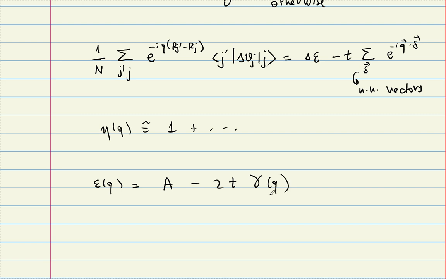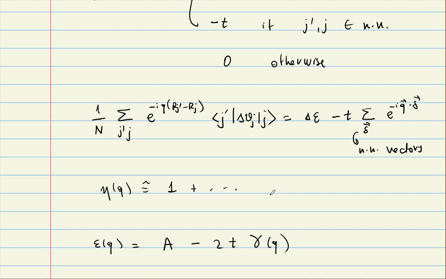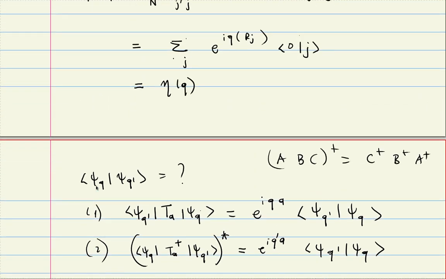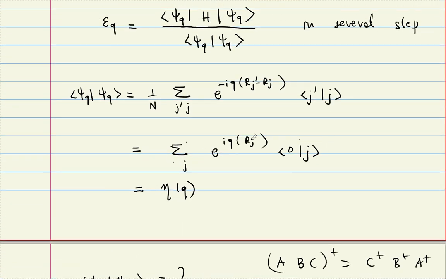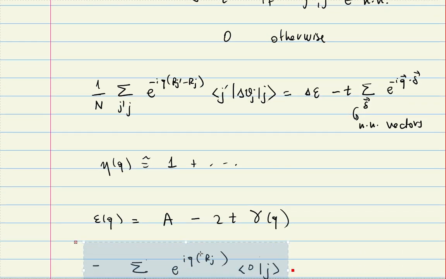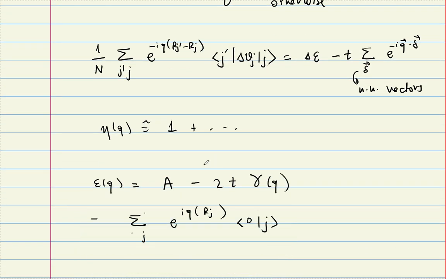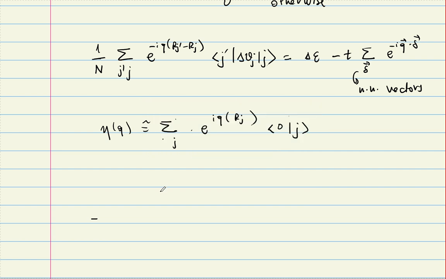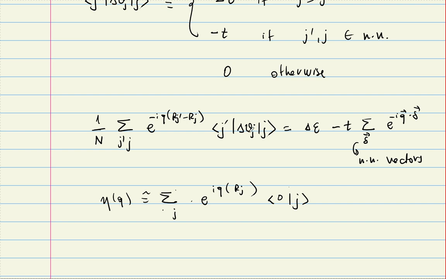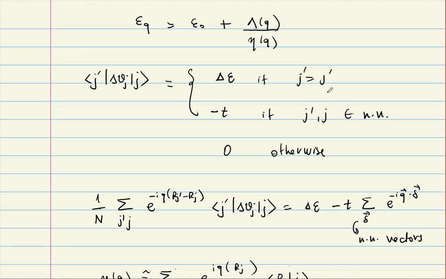Can you explain the justification for eta of q being approximately 1? I think, let me start from here, yes. So this is the eta of q, right? Let me just take this here. Exactly, at some point we have to approximate that.